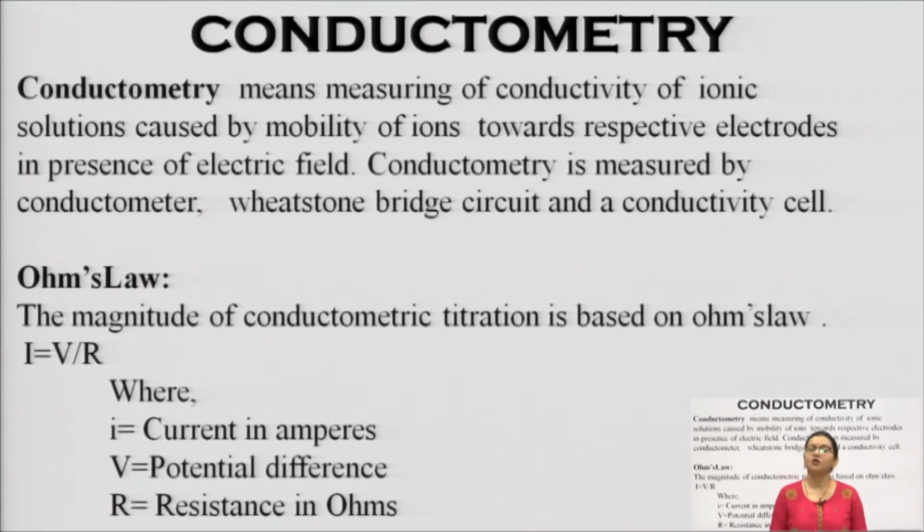What is Ohm's law? Ohm's law says that when an analytical solution is kept under an electric field, an electric current is generated, which is directly proportional to the generated voltage or difference between the electrode potentials of two electrodes of the conductivity cell, which is directly proportional to the concentration of analytes or concentration of charged ions in the analytical solution.